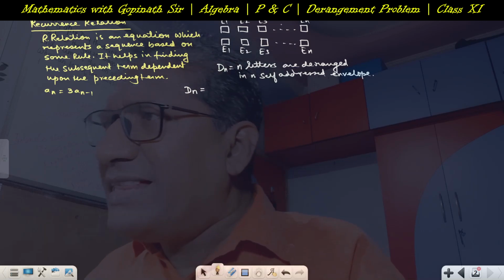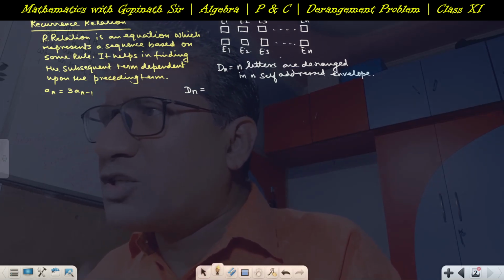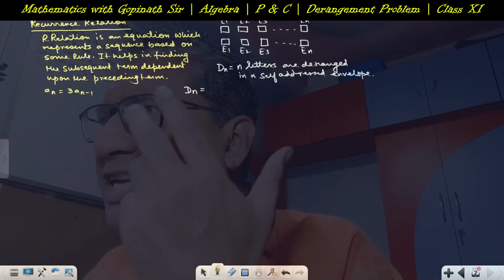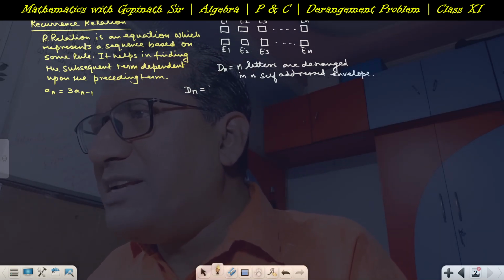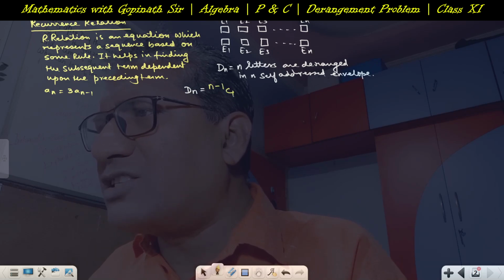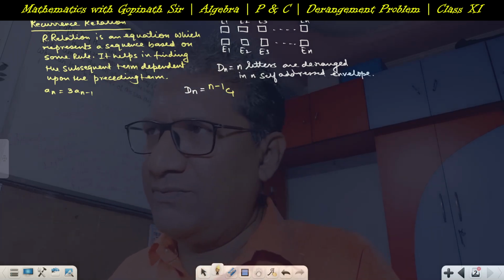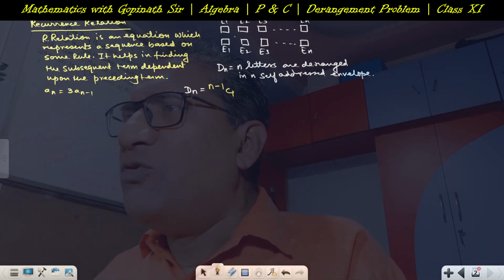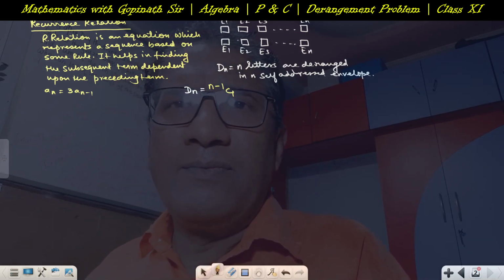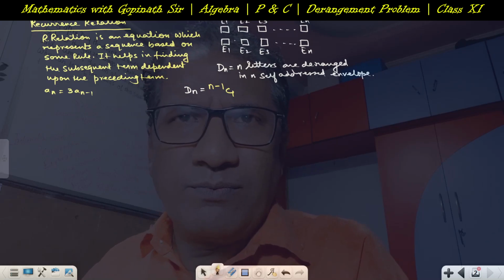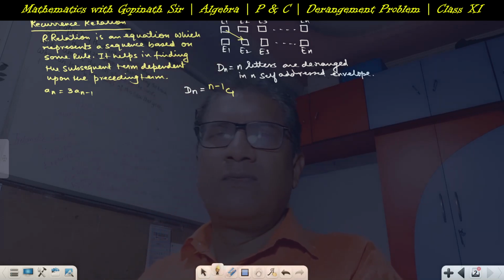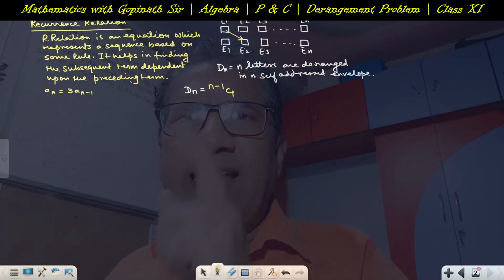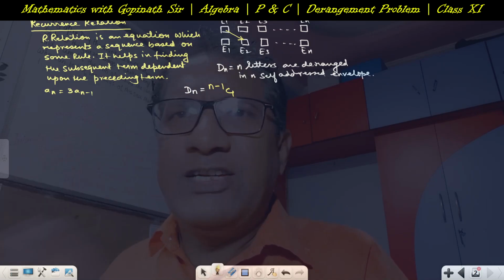So L1 can be placed in any one of these n minus 1 envelopes, which can be done in n minus 1 C 1 different ways. And let us say we have chosen the envelope E2. That is, you are placing the letter L1 in E2.